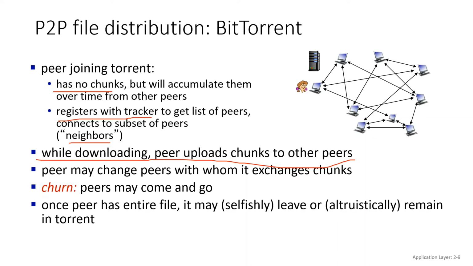So here we go to the churn. Let's say, like we all do, I'm sure, most of us, you go to a peer-to-peer network, you get your file and you disappear. Selfishly, you go away with your file, you get rid of your identity in the tracker.